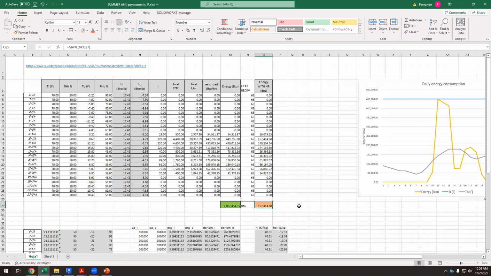Because if this is the power that we need, and this is time, if we request 150,000 BTUs, and we have a boiler with 140,000 BTUs, what happens?